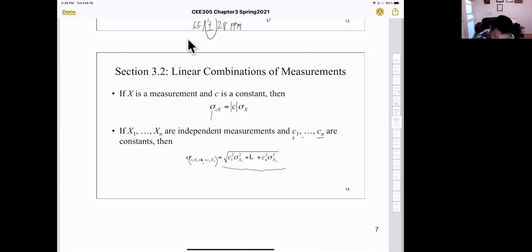The constants become squared: c1 squared sigma x1 squared plus ... plus cn squared sigma xn squared, and we take the square root of it.